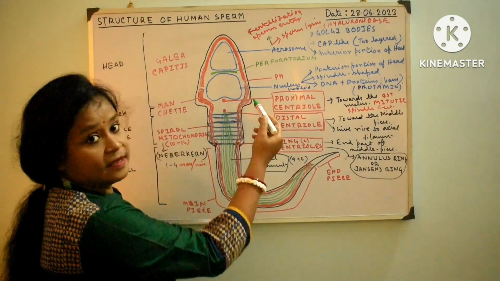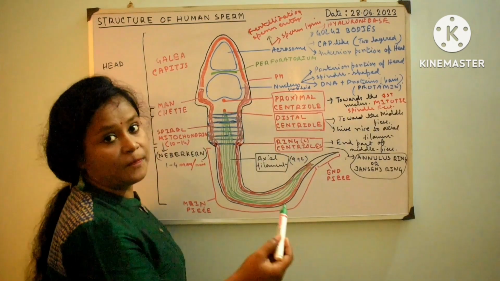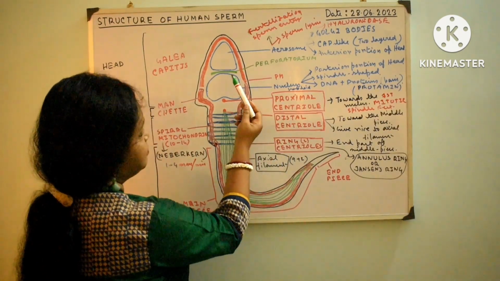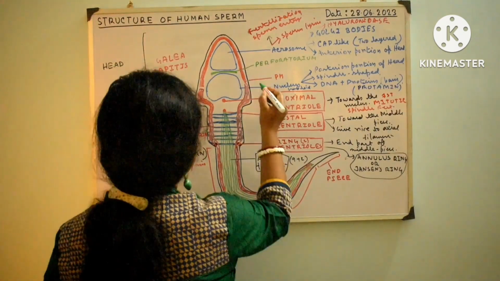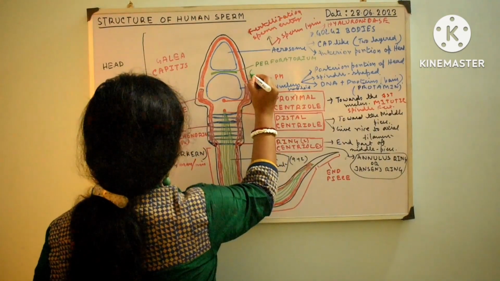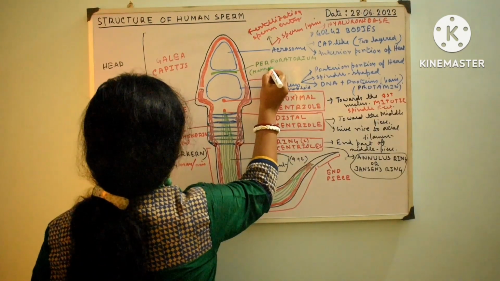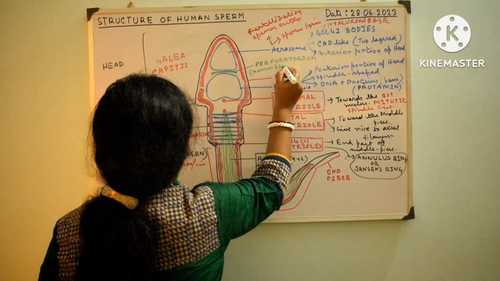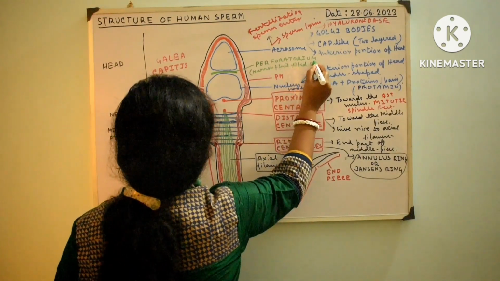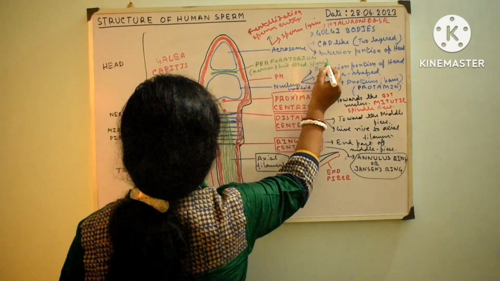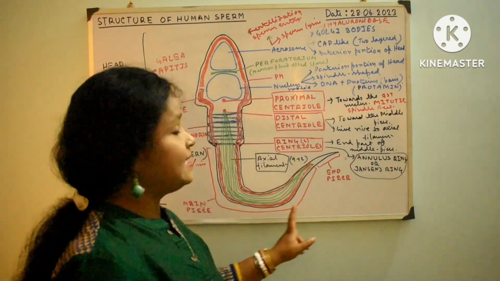The space between the acrosome and nucleus of the sperm head is known as the perforatorium. This is a narrow fluid filled space.